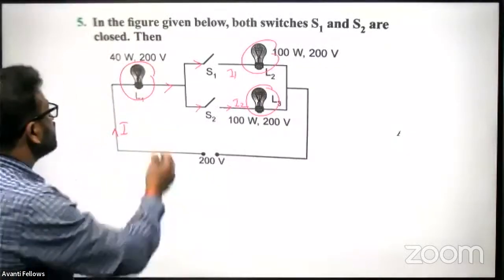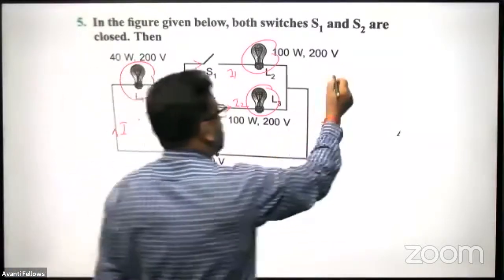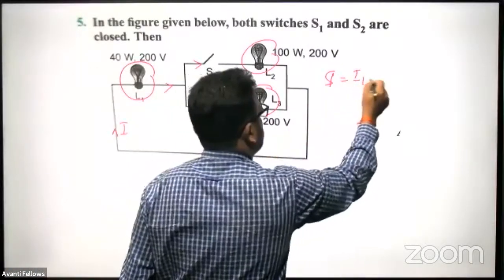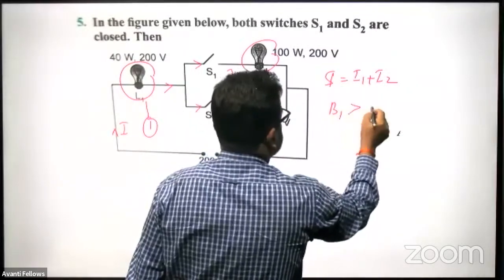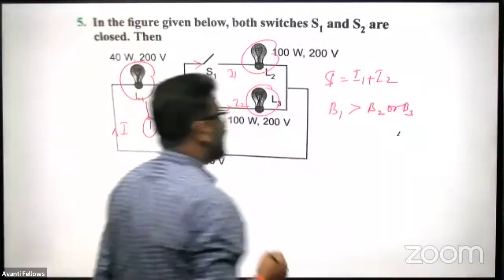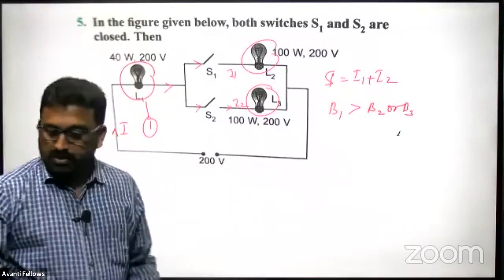Okay, see, the total current here is I. It is being divided into I1 and I2, and we can write that total current I is equal to I1 plus I2. So the brightness in the first bulb, B1, will be greater than the brightness in the second or third bulb.